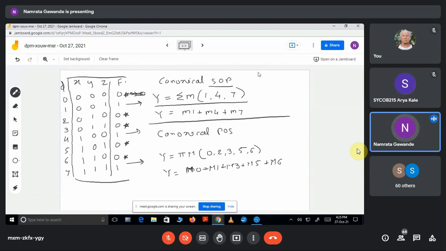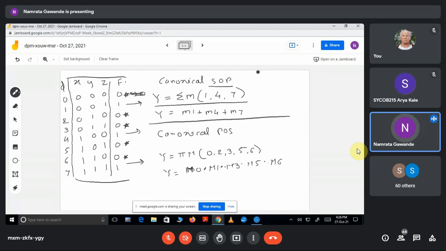Here multiplication is required, so dot is required.